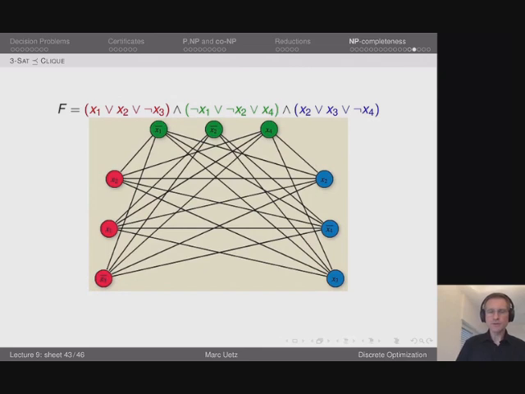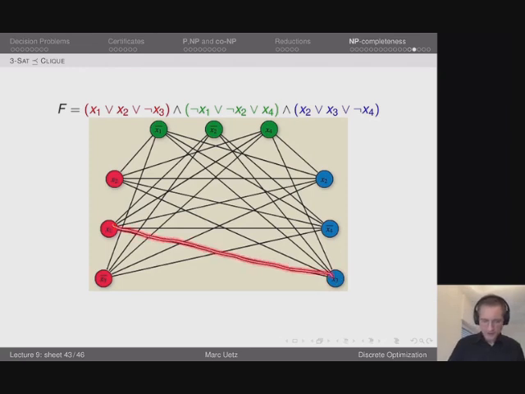Now there are 2 claims that I should verify, namely if there exists a satisfying truth assignment here, then there exists a clique of size 3 in the graph, and also in the other direction. So for instance, pick a satisfying truth assignment, the assignment which makes all the variables x1, x2, x3, x4 equal to true, then I should be able to define a corresponding clique. So if x1 is true, x4 is true, and also x3 is true, right?